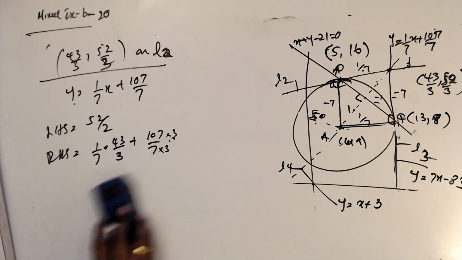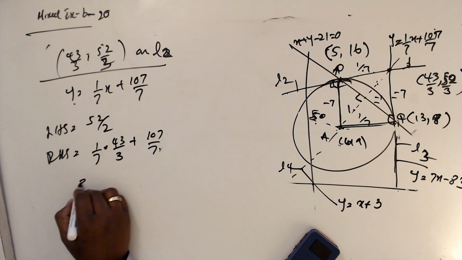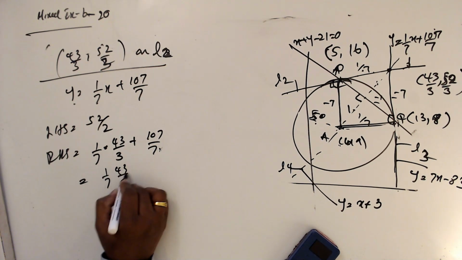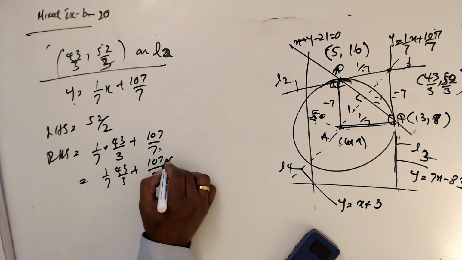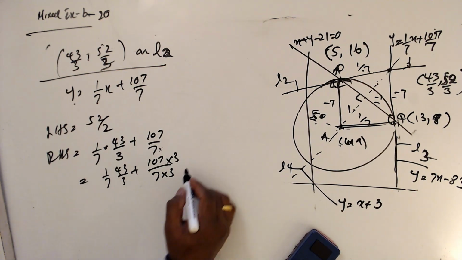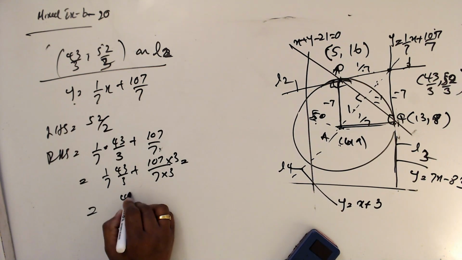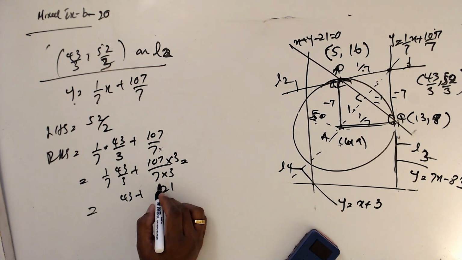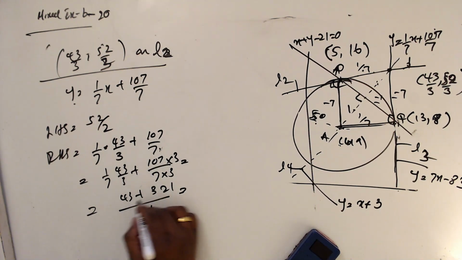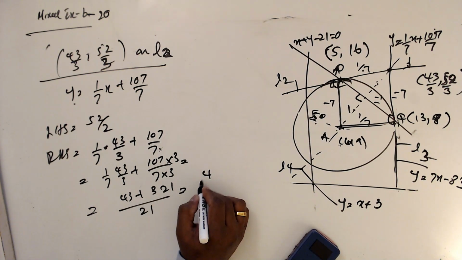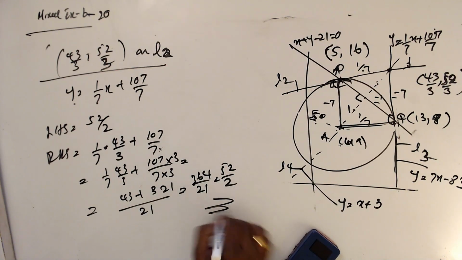When you calculate this one, 43 over 21 plus 3 over 21... 364 over 21 means 52 over 3.